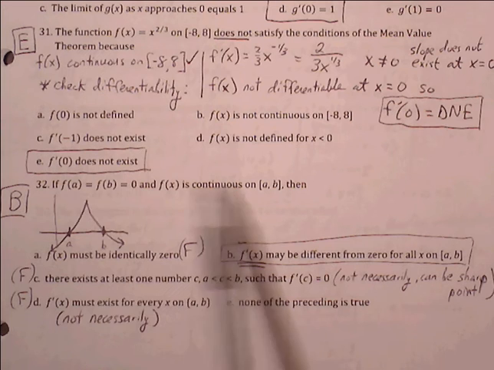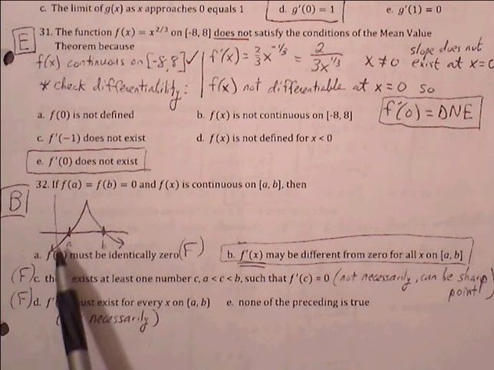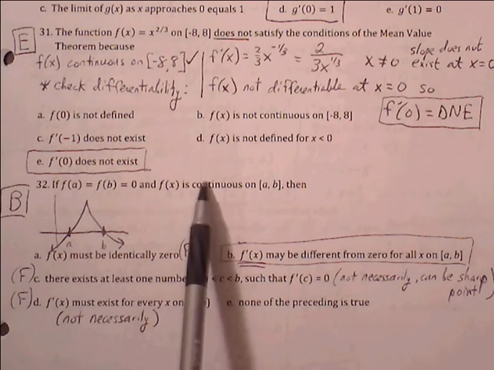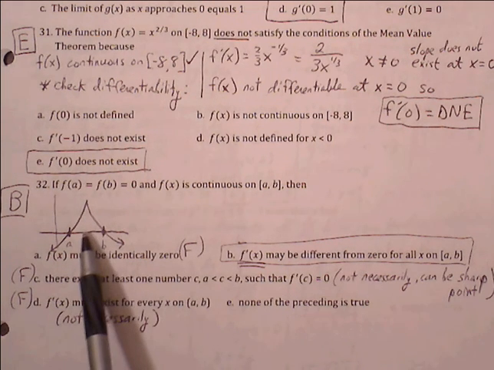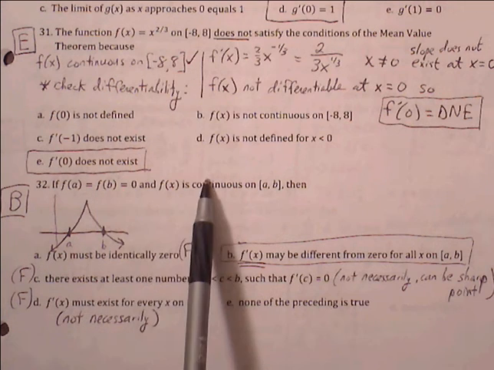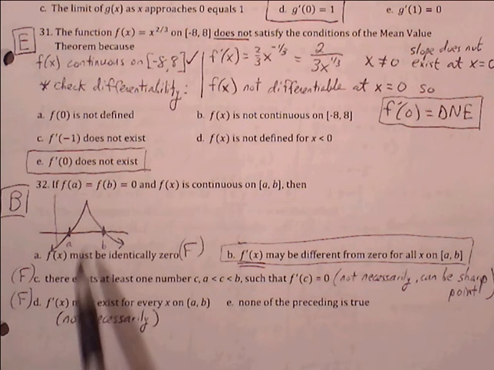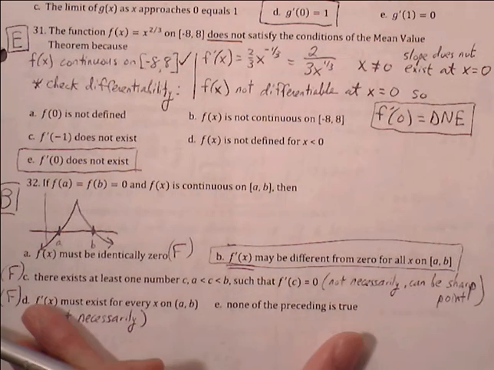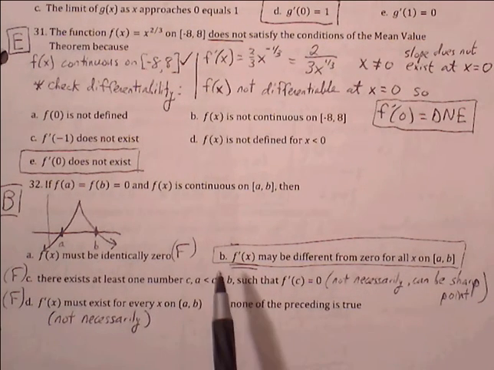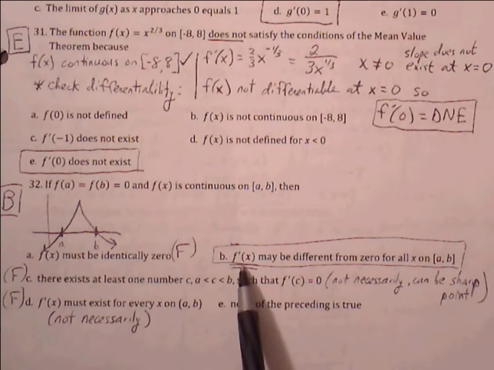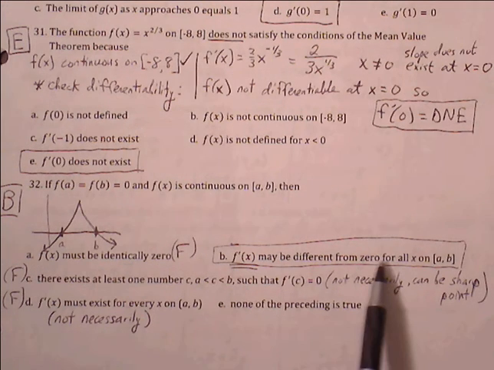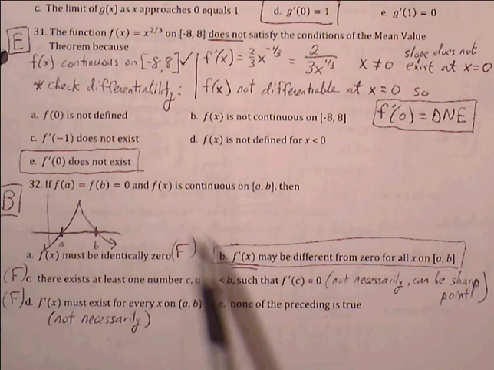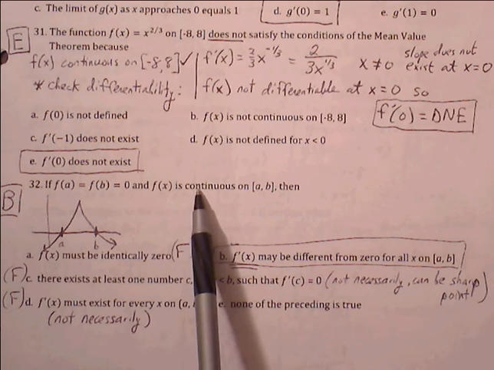So just because the function is continuous and the endpoints are the same y value is not enough to guarantee that we're getting a smooth curve, right? We could have this graph that is a result of these two conditions. And because we have a potential for a sharp point, we can say that f prime may be different from 0 for all x on the closed interval AB, which doesn't mean that it can't be a smooth curve.